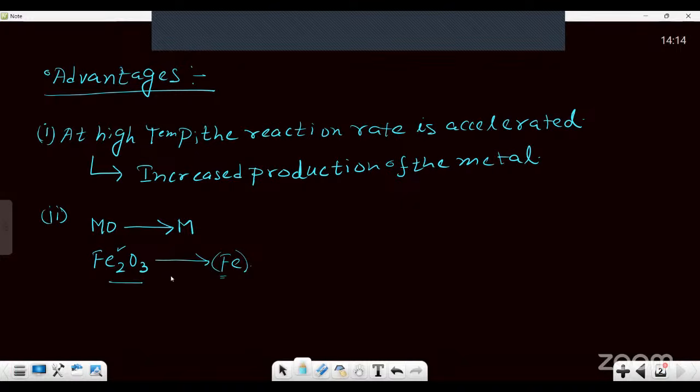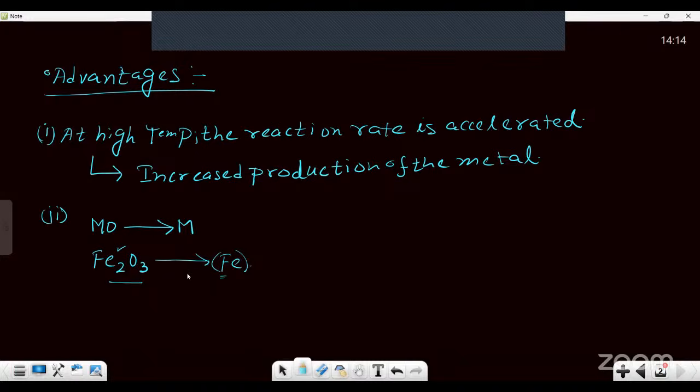So in iron making, we are creating a reducing environment. And what is the temperature in the blast furnace? Obviously, it is very high temperature, because I am charging coke and burning the coke.